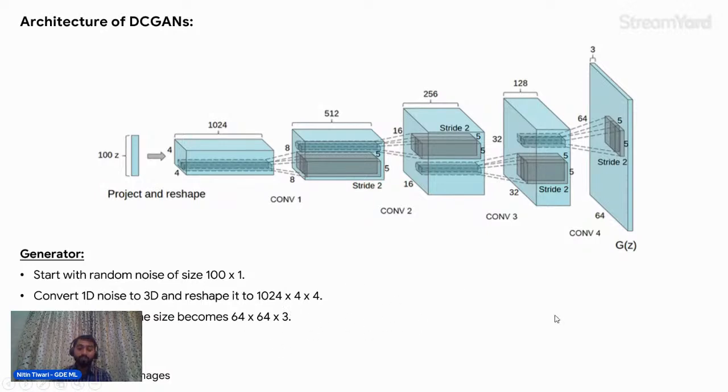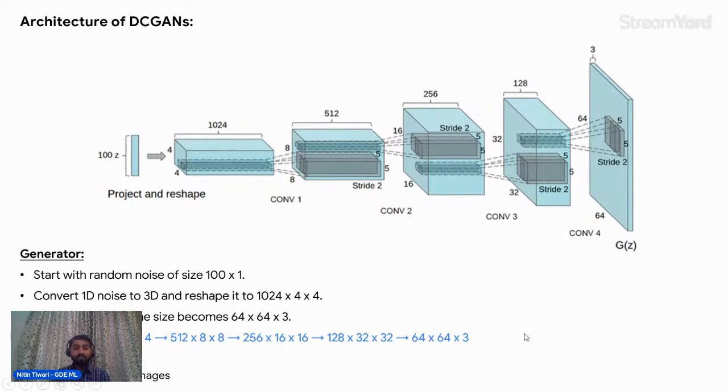RGB channels mean the final image will be a colored image. So we started from 100 cross 1, then went to the next layer as 1024 cross 4 cross 4. Then at each subsequent layer the size decreases, from 1024 to 512, then 256, 128 and finally 64.